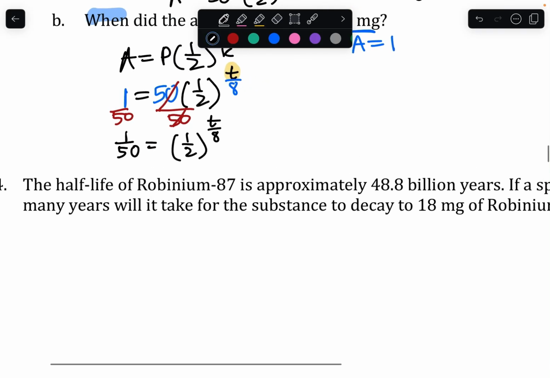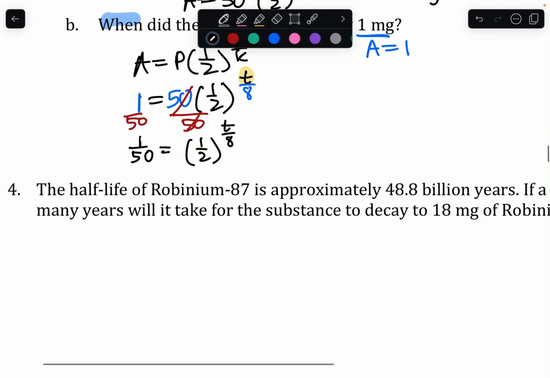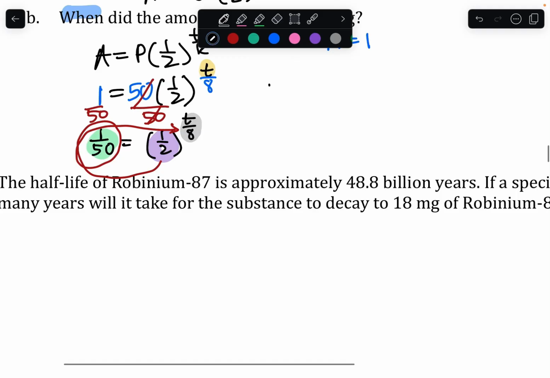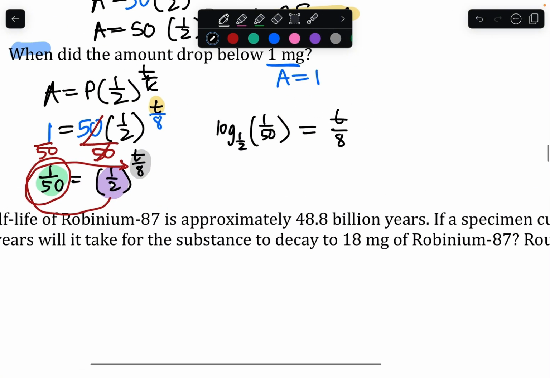Now this is a pretty ugly exponential expression, but I have a base being raised to an exponent equaling a number. And so that means I'm ready to convert to log. Okay, and so it's going to be log base 1/2 of 1/50 equals T over 8.